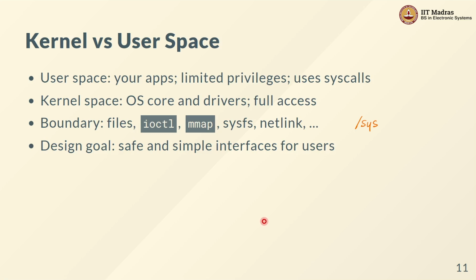It's a very useful abstraction, which makes it easy to view various parts of the operating system in a convenient way for users. So the design goal of all of this is to provide safe and simple interfaces for the users. And files are probably a very simple and clean abstraction, which can be built around very nicely.